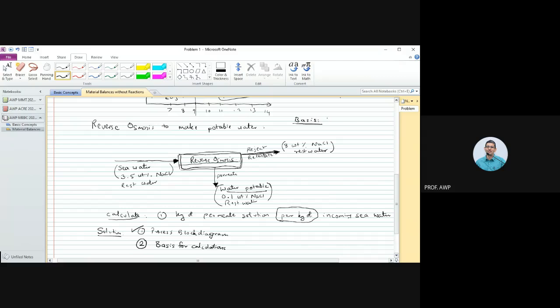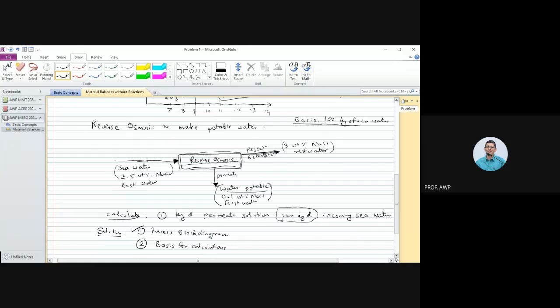It is already given, but we did not have 1 kg of the basis. Just to prove my point, I am not going to take 1 kg of basis as seawater. Let me take basis as 100 kgs of seawater. Okay, just some other basis, not what I want.